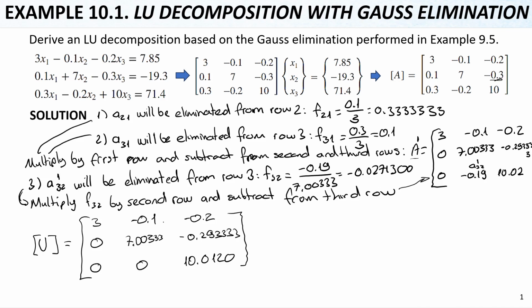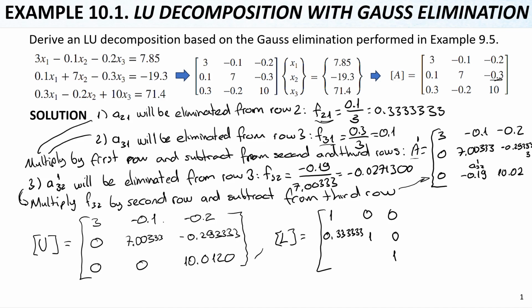And for the L matrix, we will use F21, F31, and F32 as the lower triangle. So that's simple. L is equivalent to, then we will have a diagonal like this, 1, 1, 1. And the upper diagonal entries are 0. And the lower entries are F21 here, 0.333333.